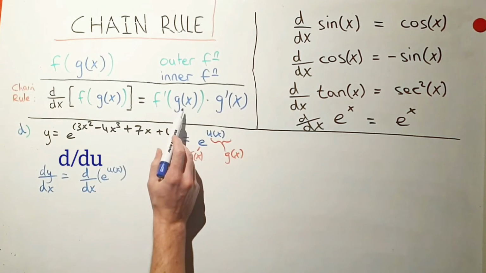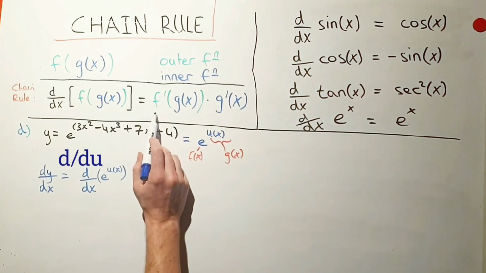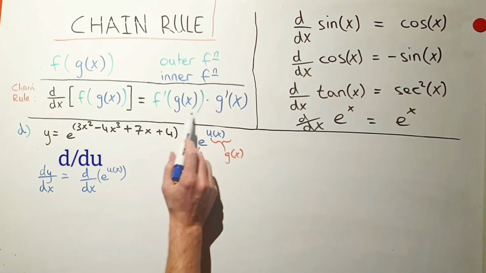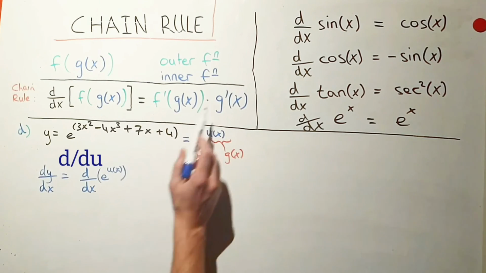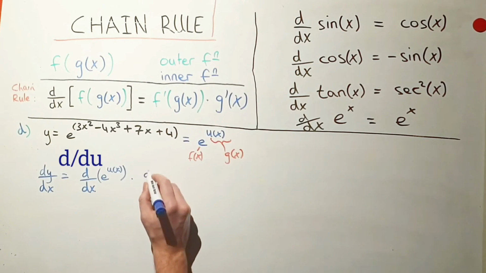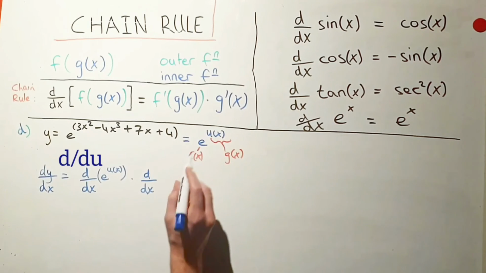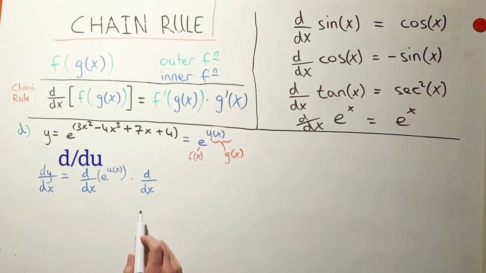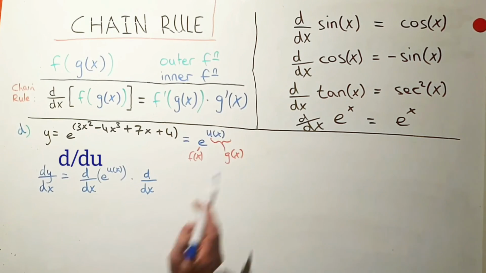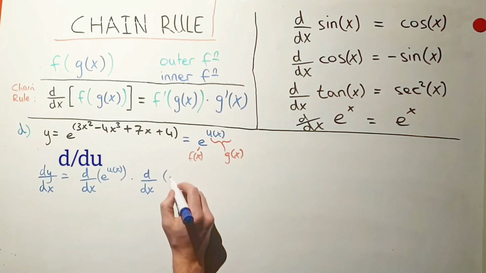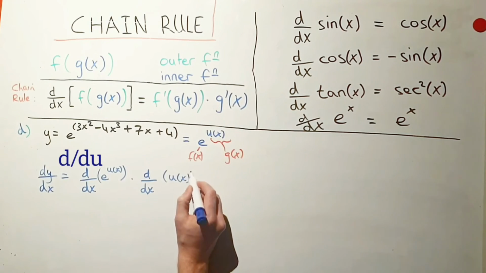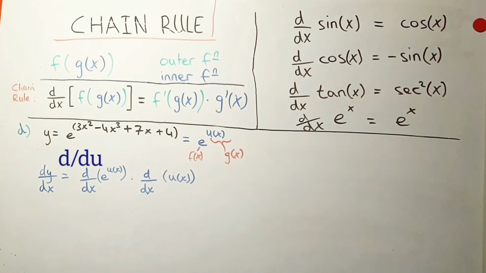So our u of x is our g of x, that stays the same. That's this part of the chain rule written out explicitly, and then that's in product with the differentiation of the inner function, the g of x, which is the u of x here.